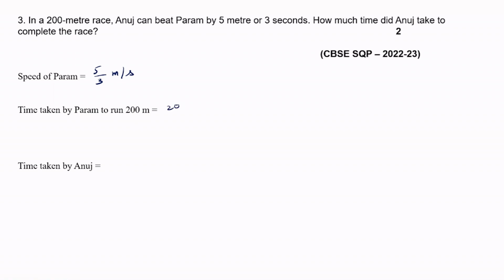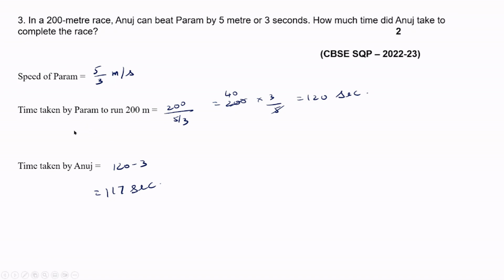So it is 200 by 5 by 3, or it is 200 into 3 by 5, which is 120 seconds. Here we can see that Anuj beat Param by 3 seconds. The meaning is that Anuj takes a time of 120 minus 3 seconds to complete the race. So time taken by Anuj will be 120 minus 3, which is 170 seconds.